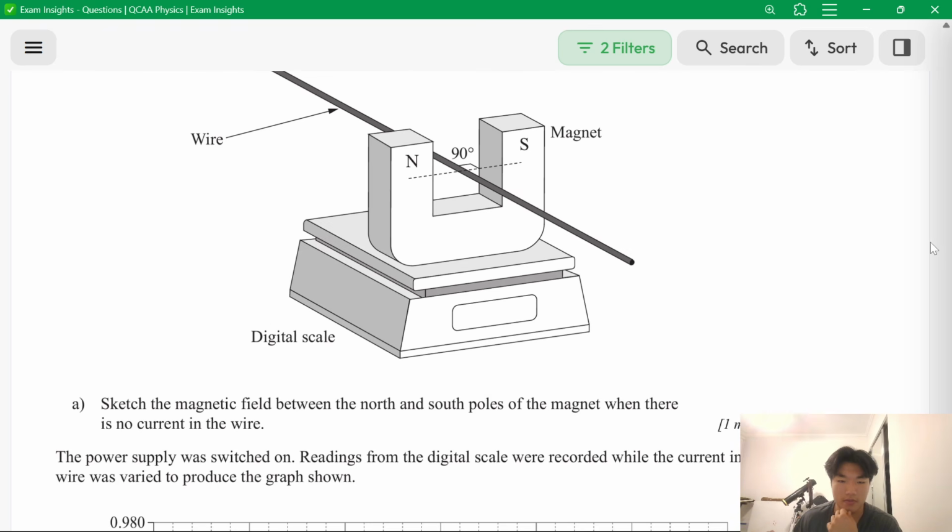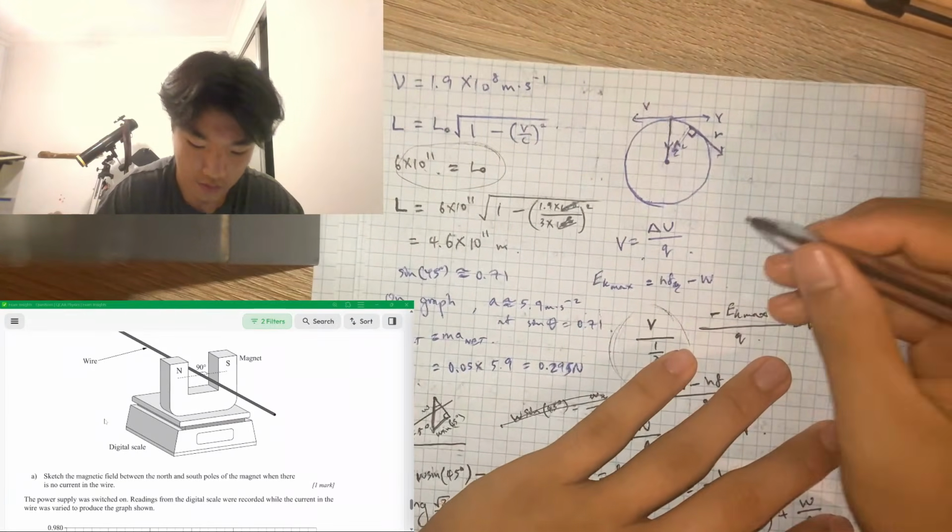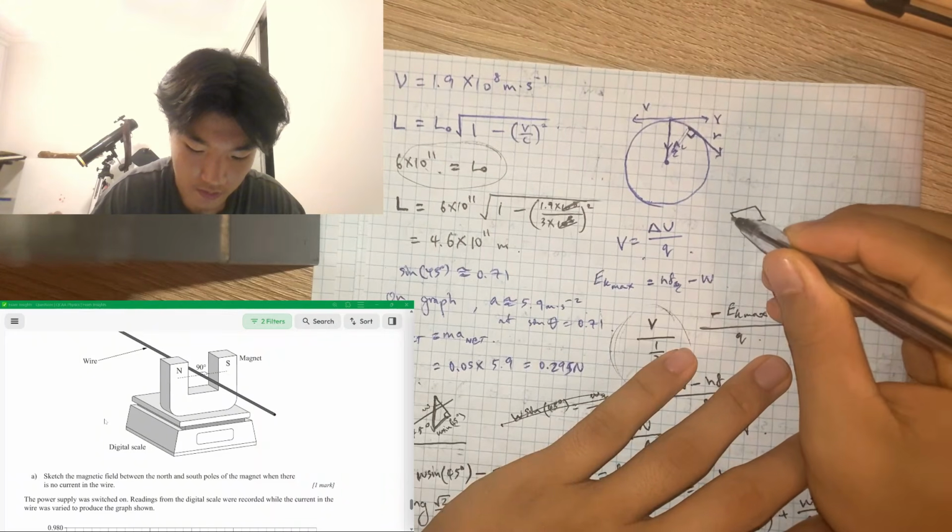Sketch the magnetic field between the north and south poles of the magnet when there is no current in the wire. Let's draw the magnet.